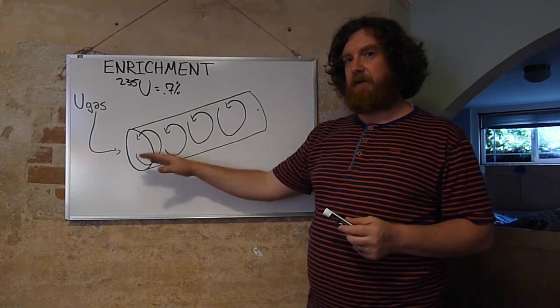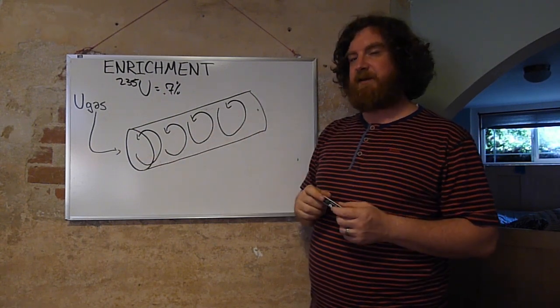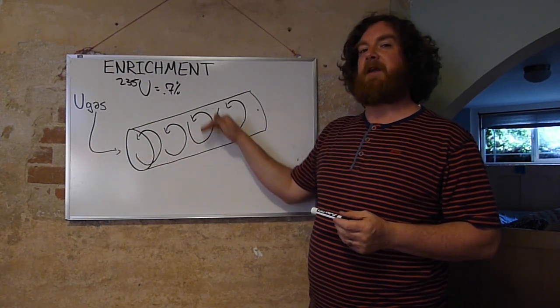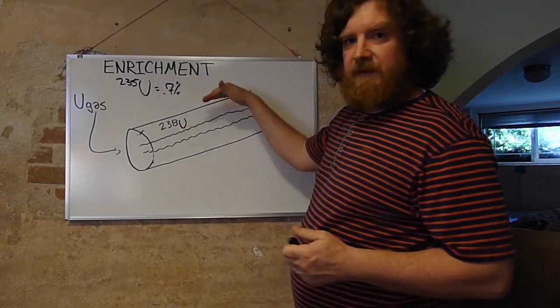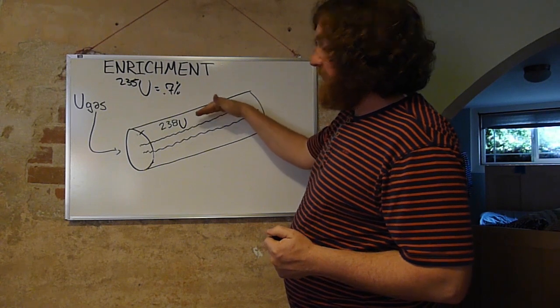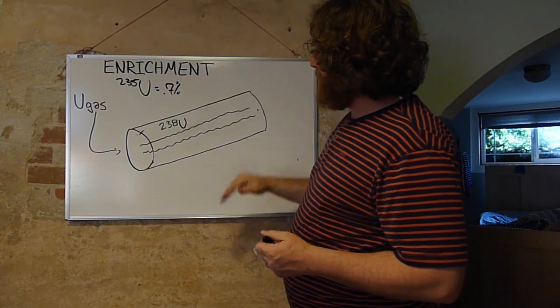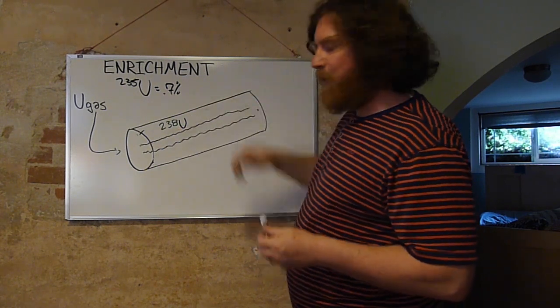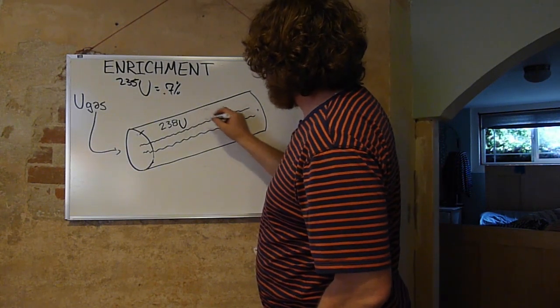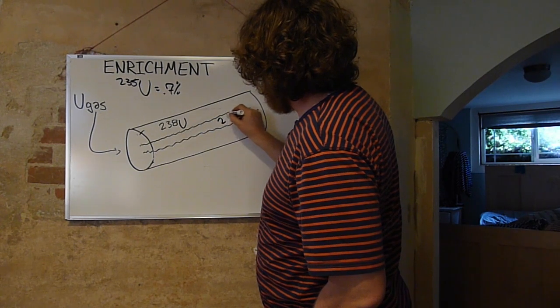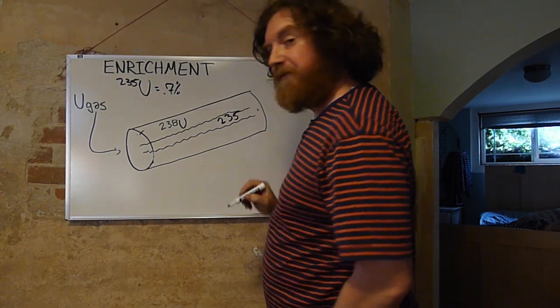So I'm going to erase my arrows here and just draw a conceptual model of where these different gases would be in our centrifuge. Here to the outside you can see uranium-238. And then this inner core, that's where the displacement has occurred, that we get enriched uranium-235.